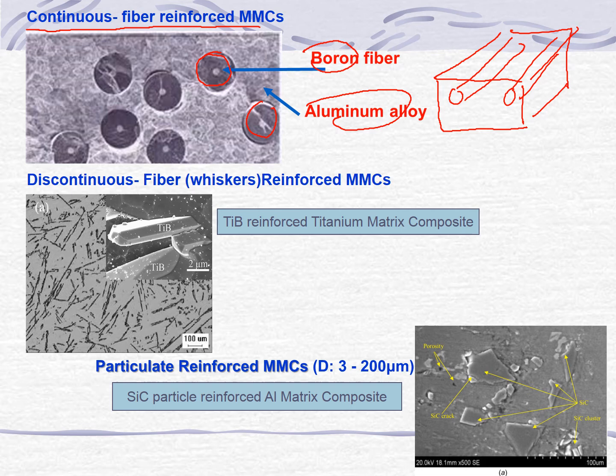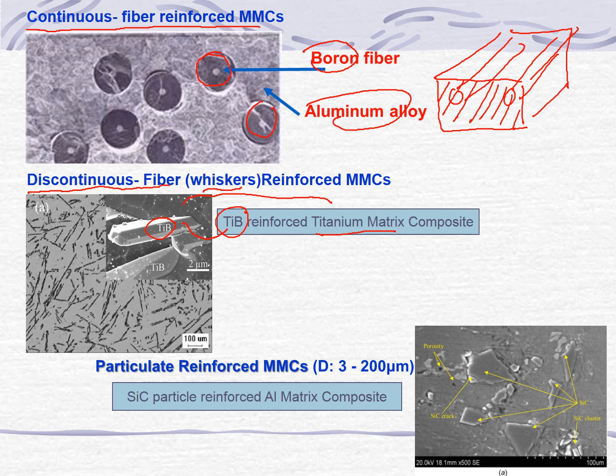And this is the discontinuous fiber, whisker reinforced MMC. The whisker is titanium boride, TiB, reinforcing a titanium matrix composite.